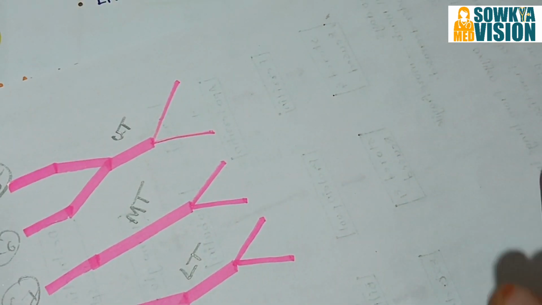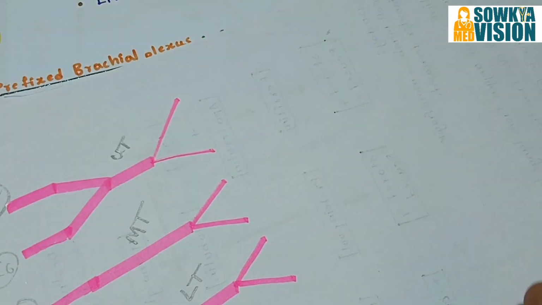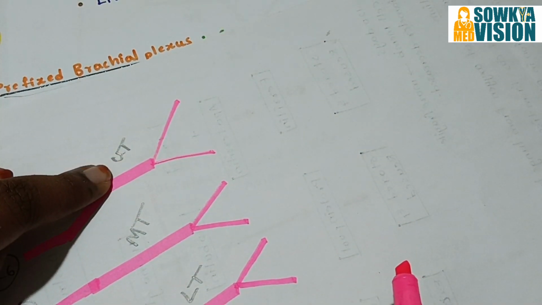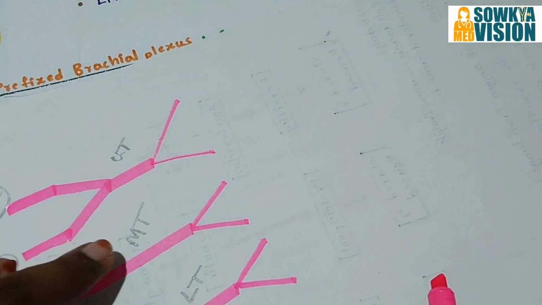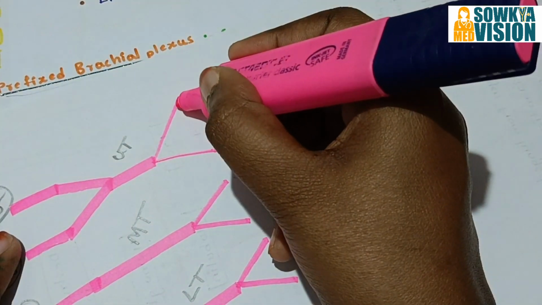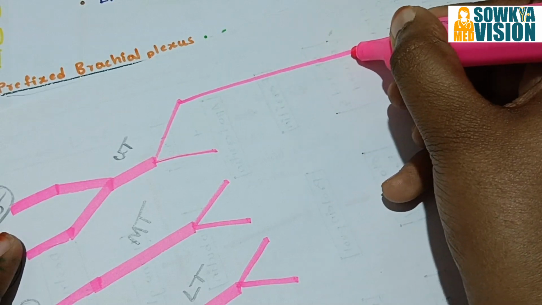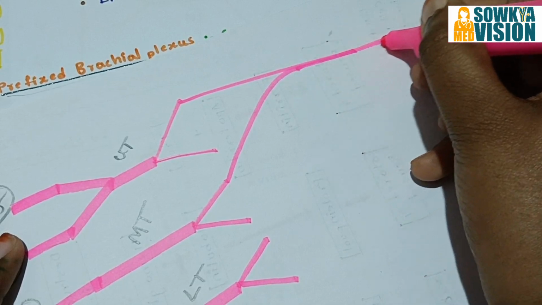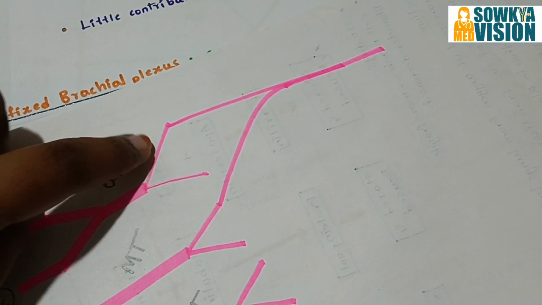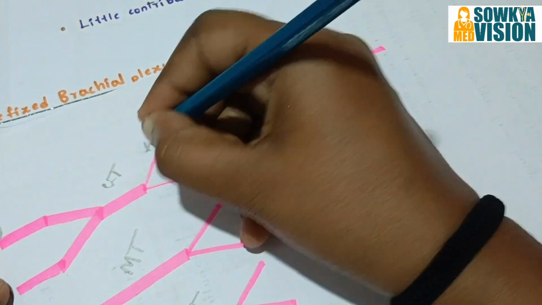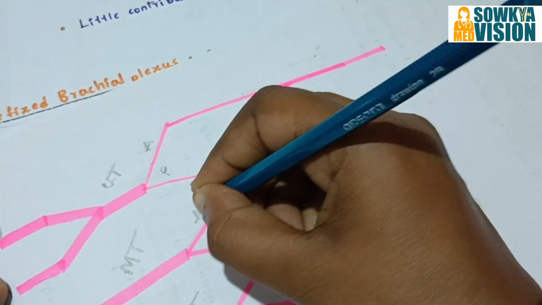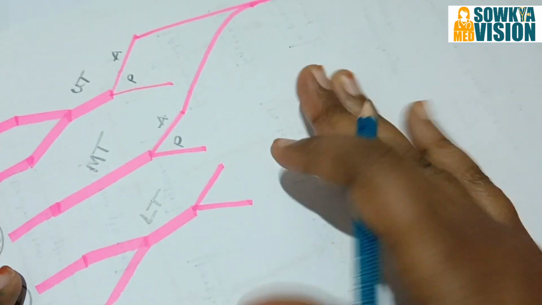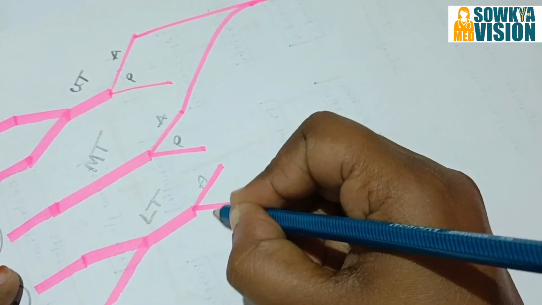Yes, listen carefully. Anterior division of upper trunk and anterior division of middle trunk are going to form lateral cord. Yes, this is the anterior division. Let me mark anterior, posterior, anterior, posterior. Here also anterior and posterior.